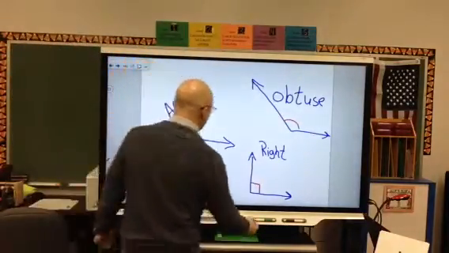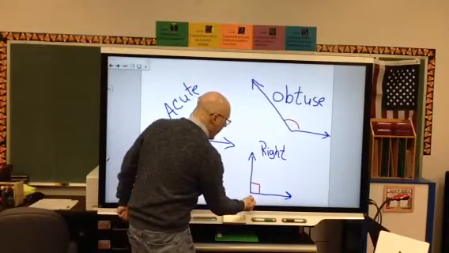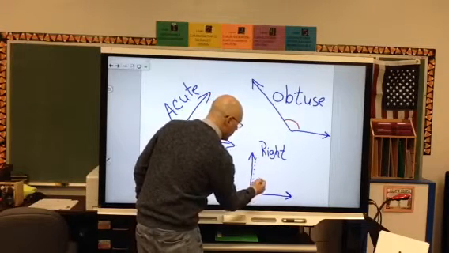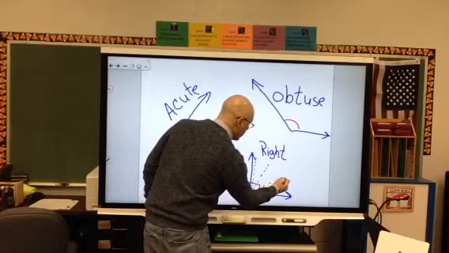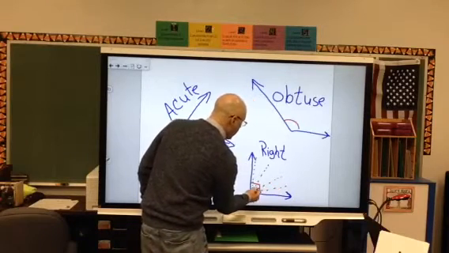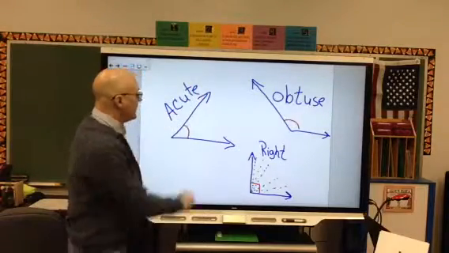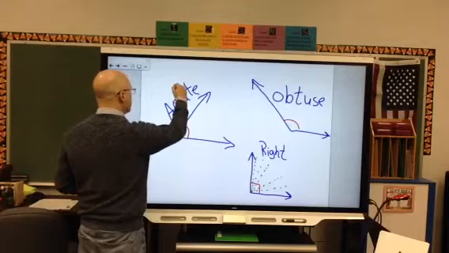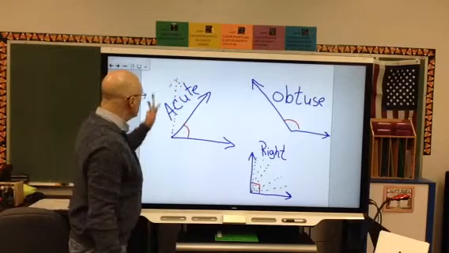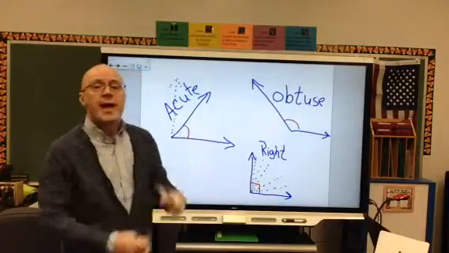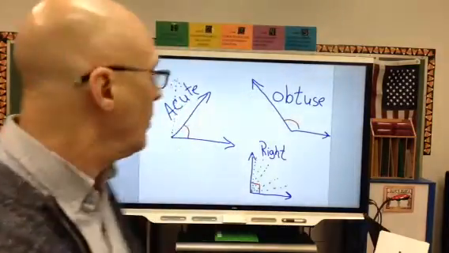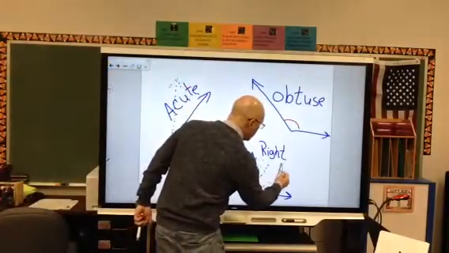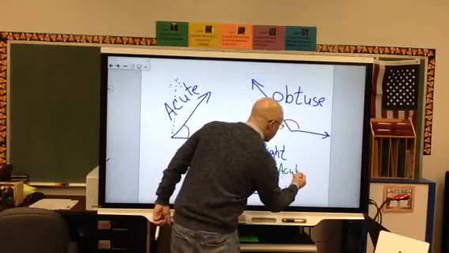Now, if we have a line coming this way, and we have an angle that is smaller, anything in here, okay? If these lines came anywhere in here, and you can see that this one does, right? Here's your right angle right here. The right angle would go up like this, but this one's inside that. It's smaller. That is called an acute angle. So anything smaller than this right angle is called an acute angle.